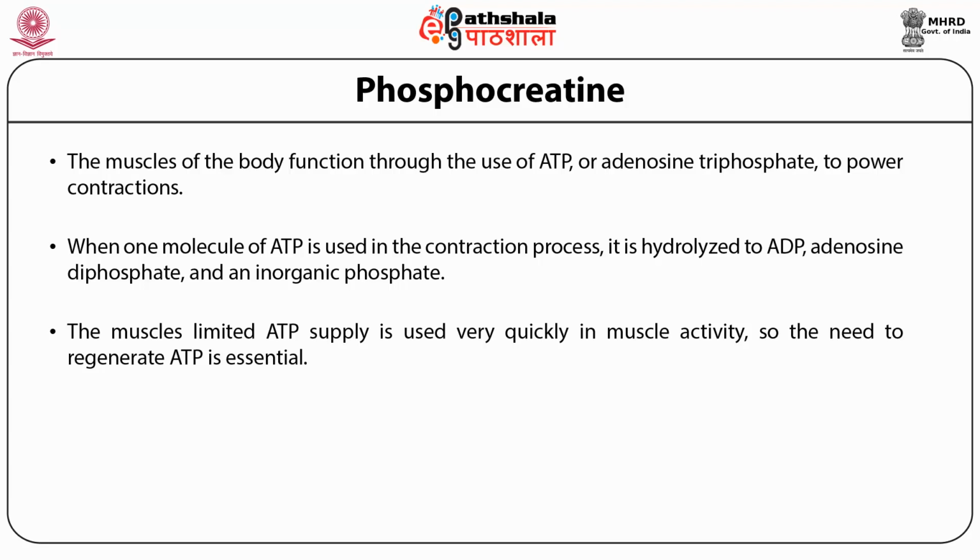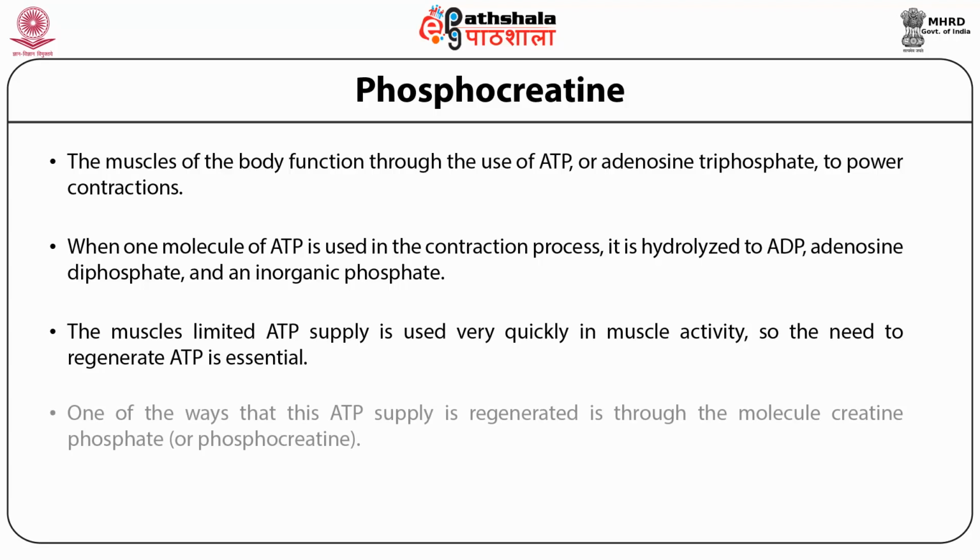So they need to generate ATP. One way to generate ATP is the use of creatine phosphate or phosphocreatine, which is a stored high energy compound in the muscles.